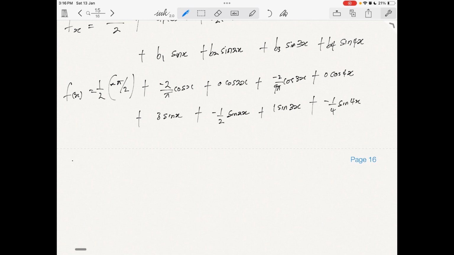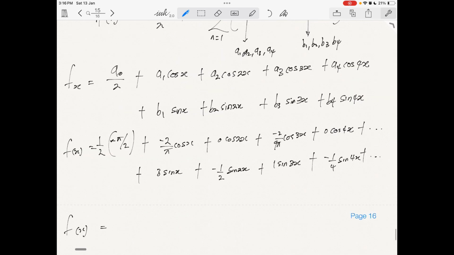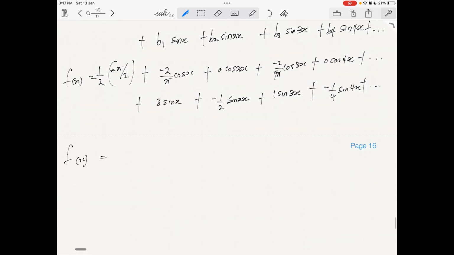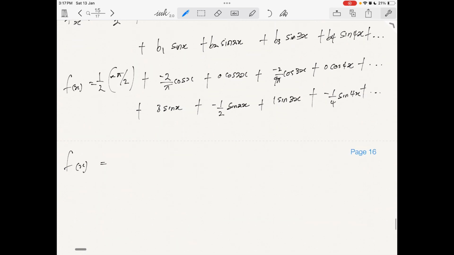Now simplifying further, we have that our f of x is equal to minus pi over 4 plus minus 2 over pi cos x.